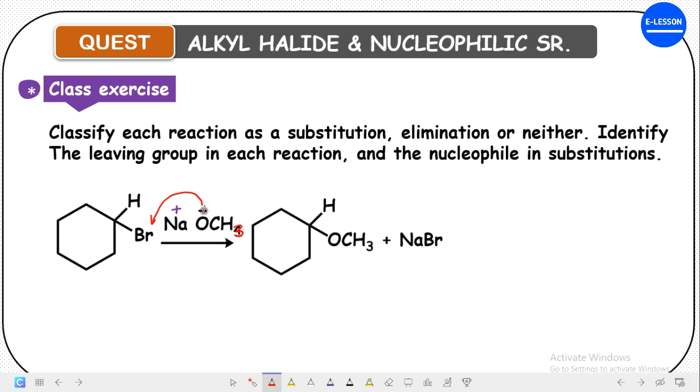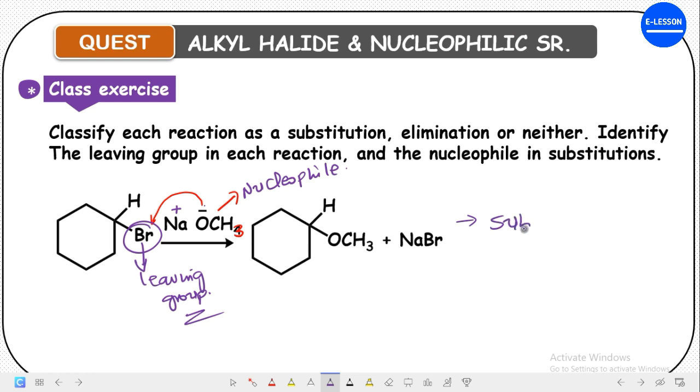So this group that is coming to attack here is what we call the nucleophile, and this group that is leaving here is what we call the leaving group. So automatically, this reaction is a substitution reaction. That's the ability to identify if it's substitution or not. We know elimination will give us a double bond.